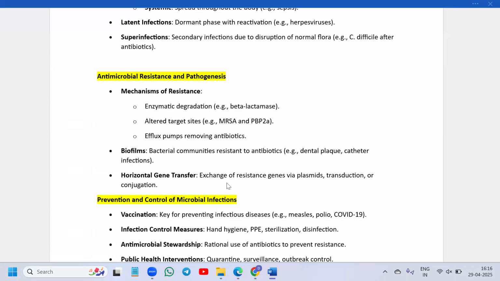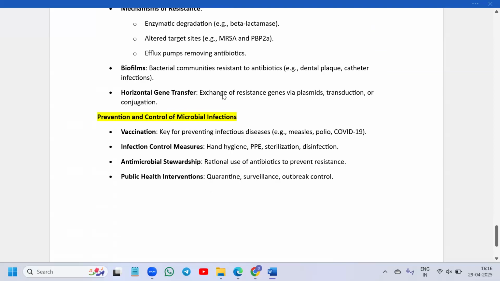What happens when a gene transfer is happening between bacteria? That gene carries resistance to a particular antibiotic. So the resistance itself is transferred from one bacteria to another via gene, for example through plasmids, transduction or conjugation.